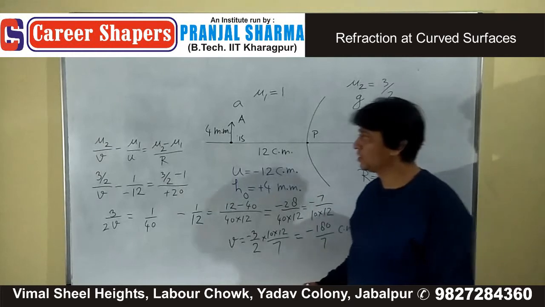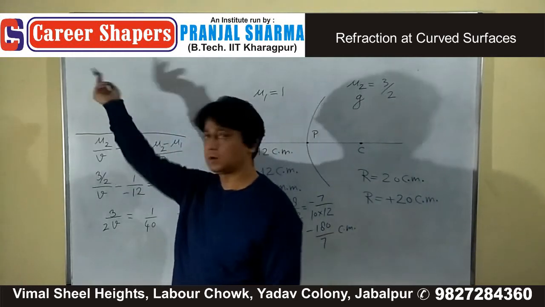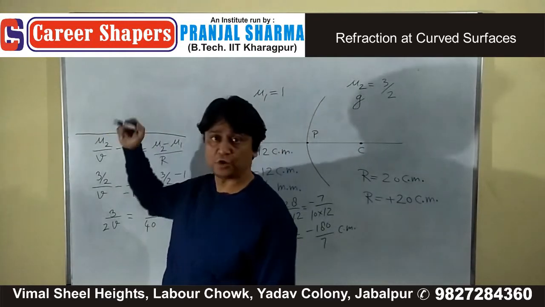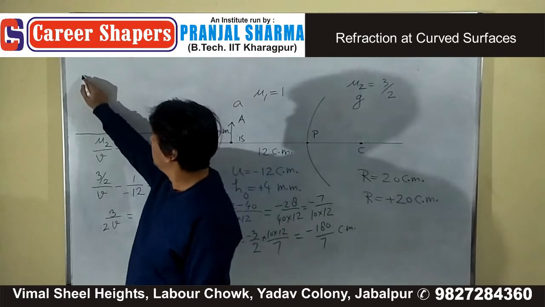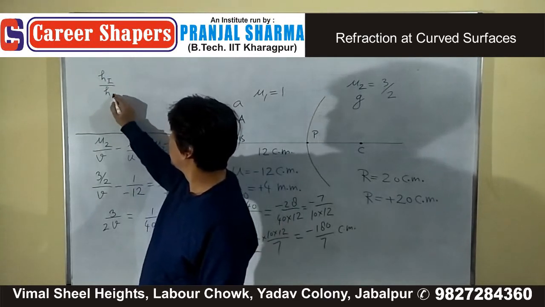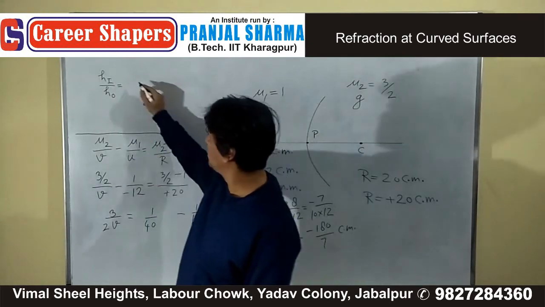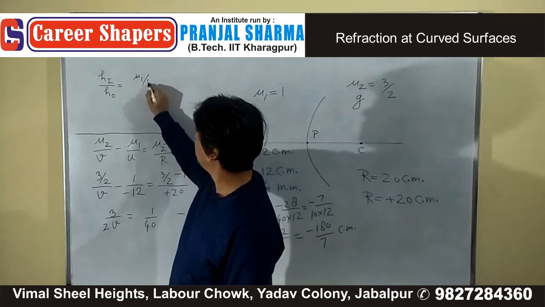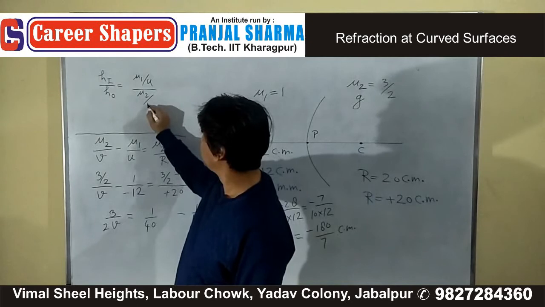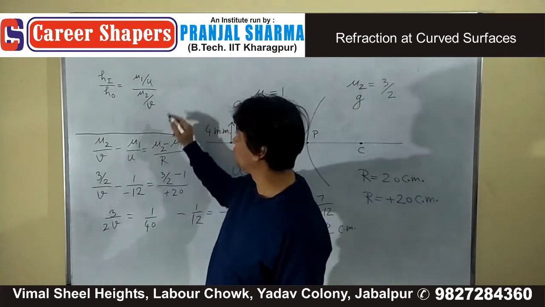Now, once you've got the position of image, let's find out the height and orientation of the image. For that, you will write HI upon HO, which is the second part, mu1 upon U divided by the first part, mu2 divided by V. You do not take the negative sign, just remember the trick.